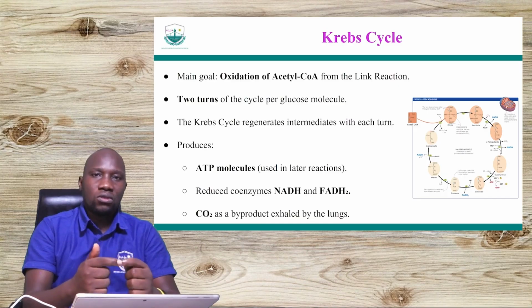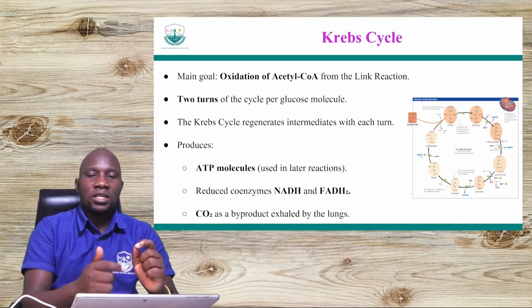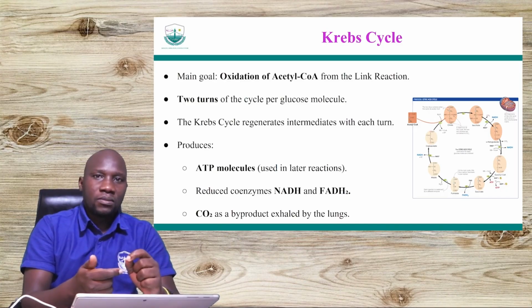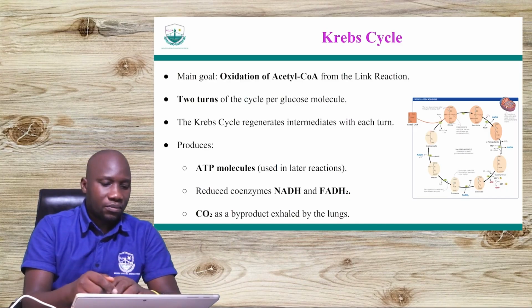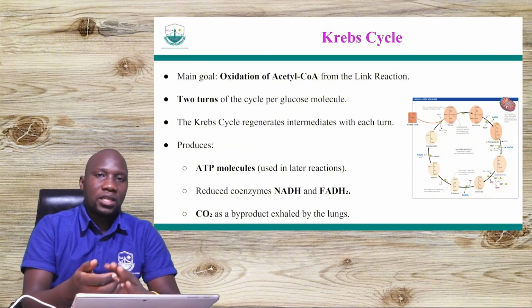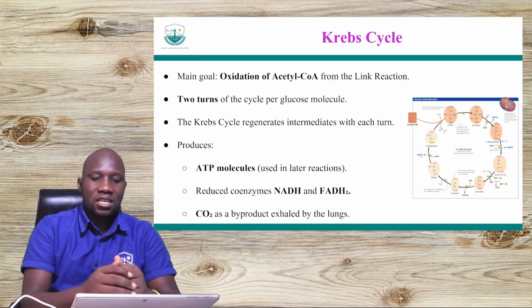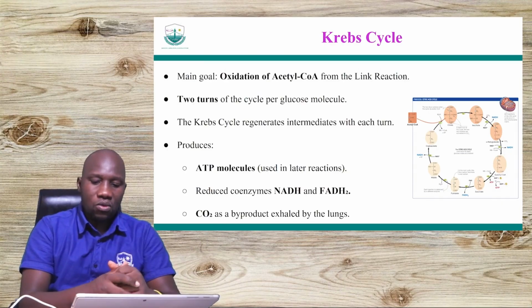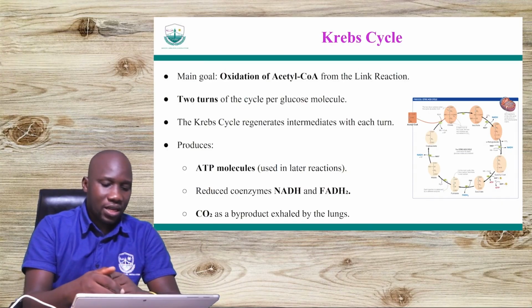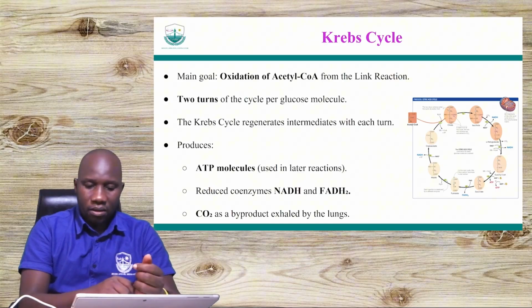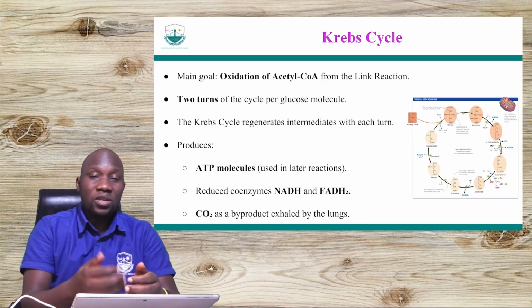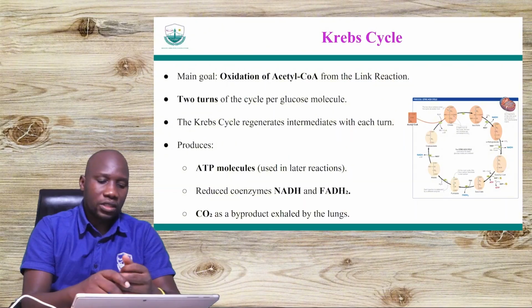As the cycle goes on, what you used earlier is replenished or regenerated. Ultimately you will have ATP being produced, but it will also be used later on in the respiratory processes.